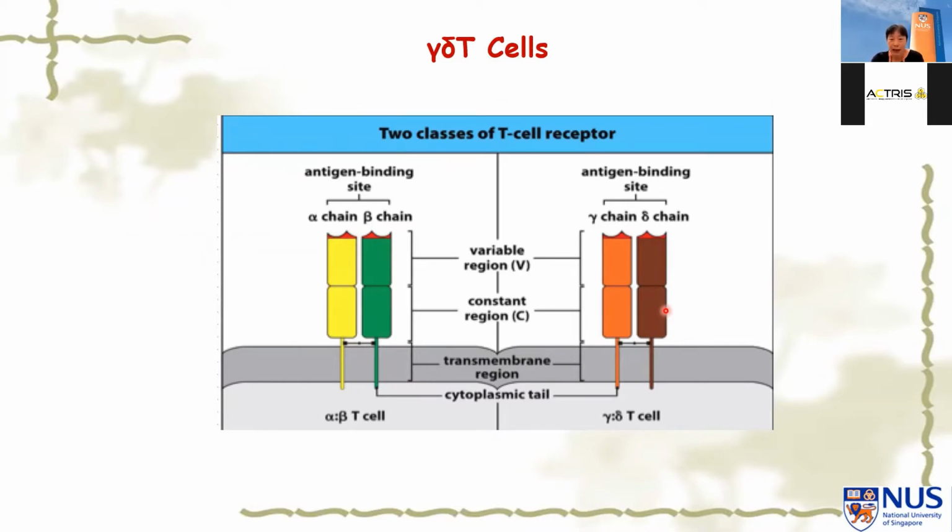So there are two classes of T cell receptors expressed on the surface of T cells. You probably know the major one is the alpha beta T cell receptor, and then there's also the gamma delta T cell receptor.